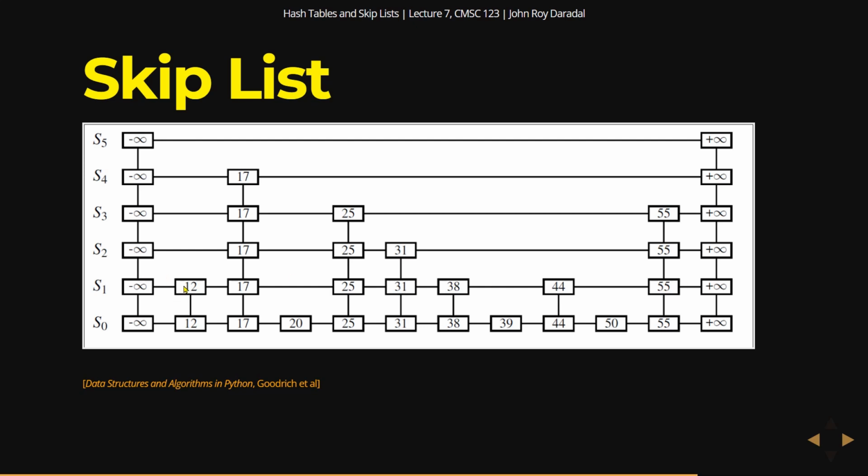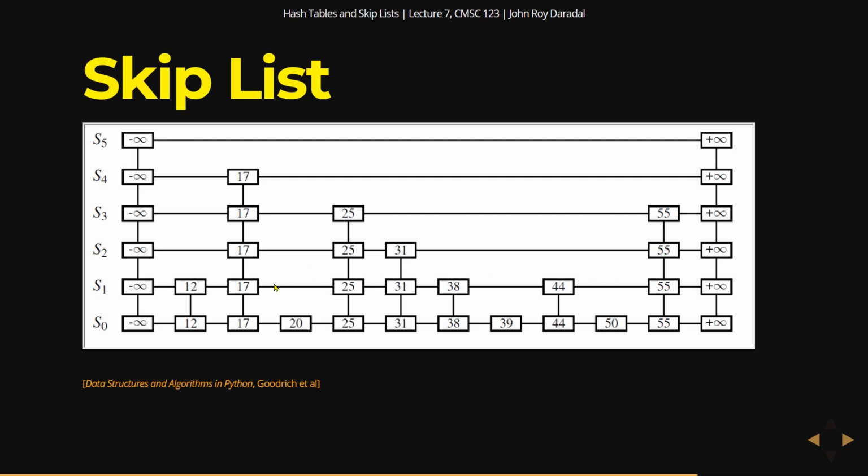And then on to the next, it's again random whether you replicate the previous one or not. So from S1 to S2, 12 was not replicated anymore, but 25 and 31 were. So they're still in S2 after being in S1. This is why we have the randomized heights.